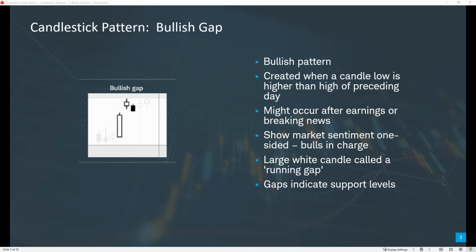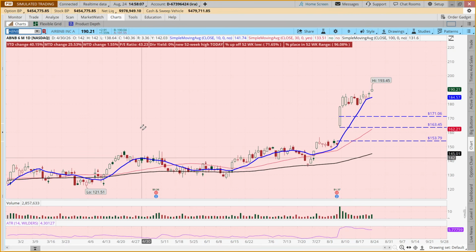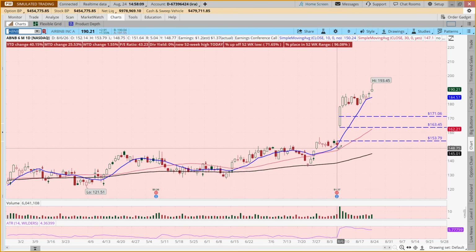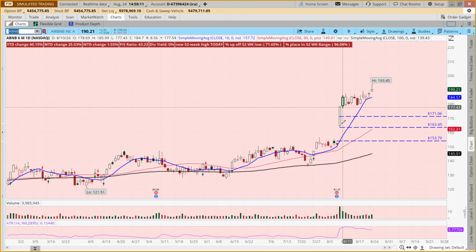All right, let's look at some examples on a couple of charts. The first one I'm going to bring up is Airbnb, and this was an earnings related gap. On August 6th, it closed with a high of 153.79, which I've drawn here. The next day, it opened at 164.70, a big move to the upside.